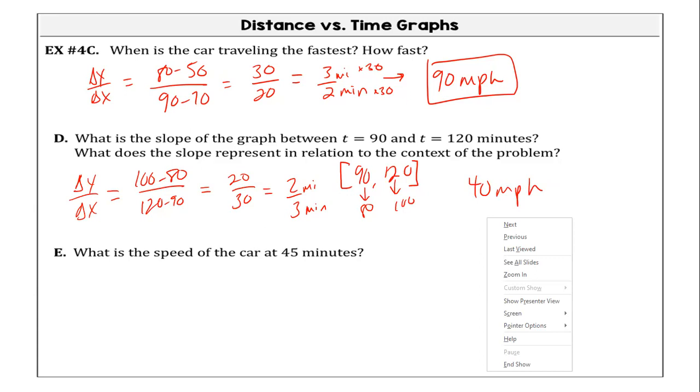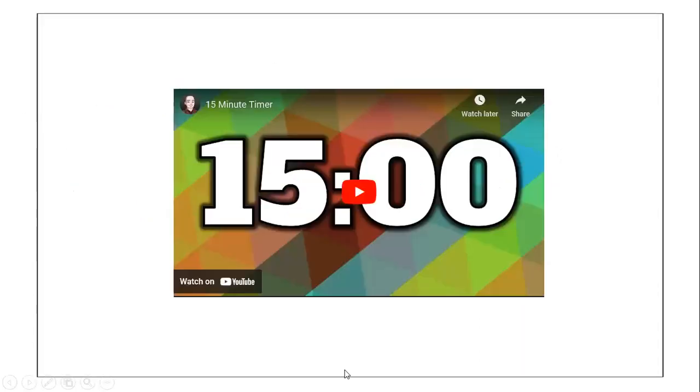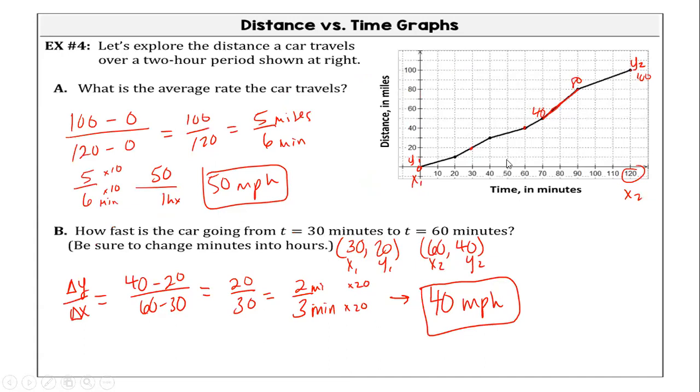It asks you, what is the speed of the car at 45 minutes? When it's asking you for the speed of the car at 45 minutes, you're going to have to determine on which interval 45 minutes falls. So 45 minutes is between 40 and 60.